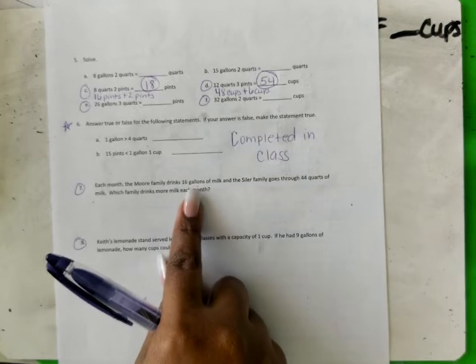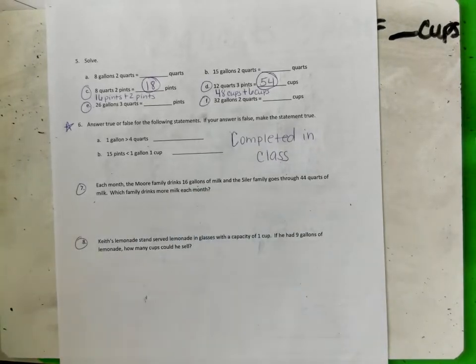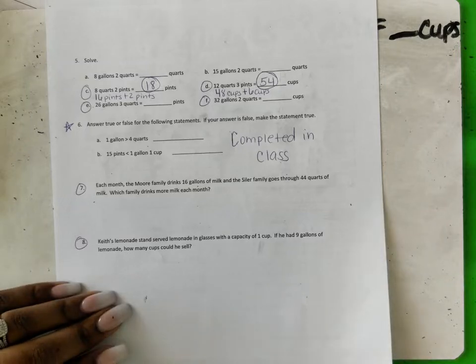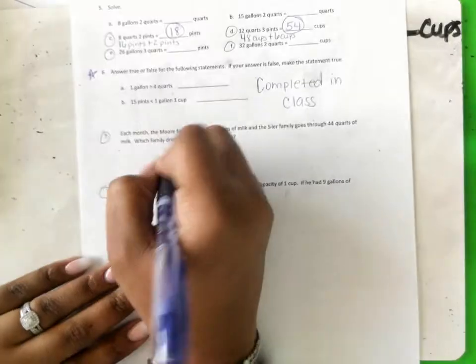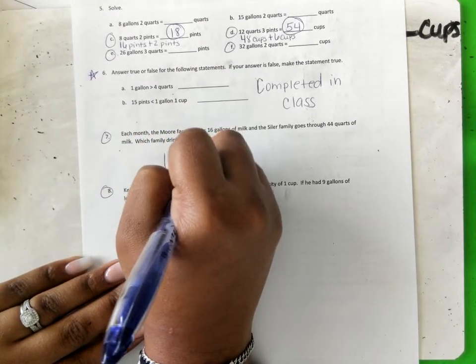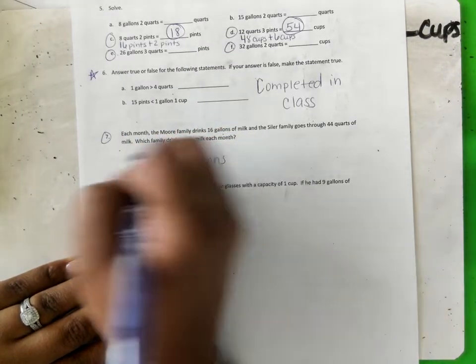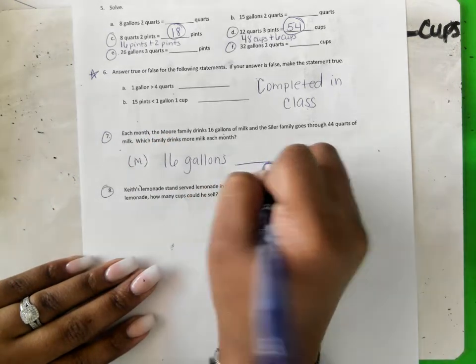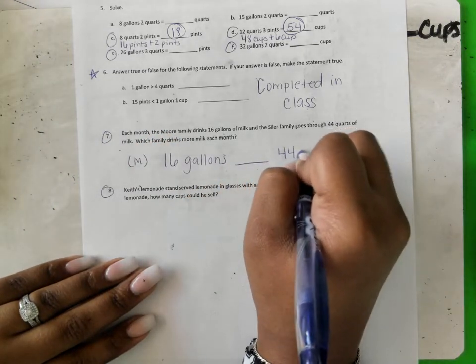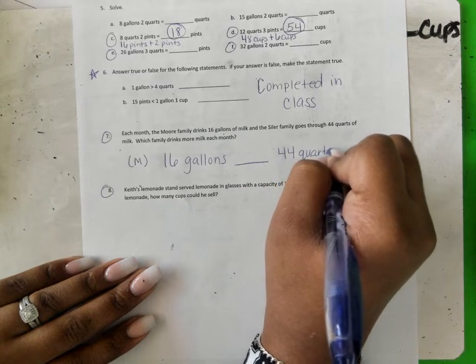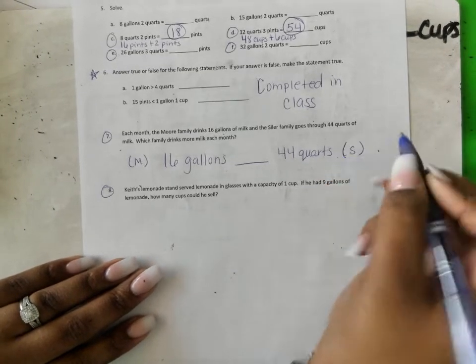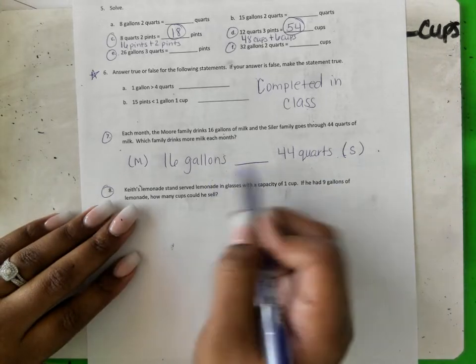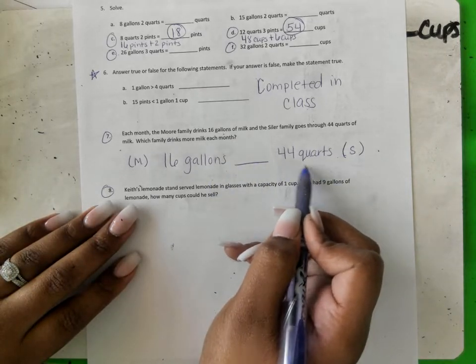Okay, here it says each month the Moore family drinks 16 gallons of milk, and the Seiler family goes through 44 quarts of milk. Okay, so let's do our 16 gallons. This is the Moore family. And our 44 quarts. This is the Seiler family. So I have to convert my gallons to quarts, or my quarts to gallons.